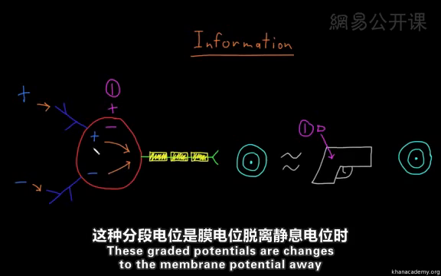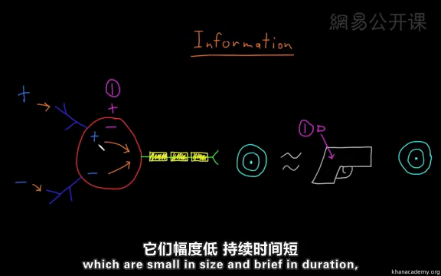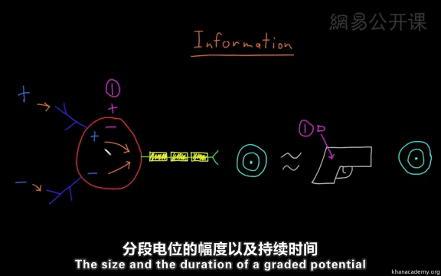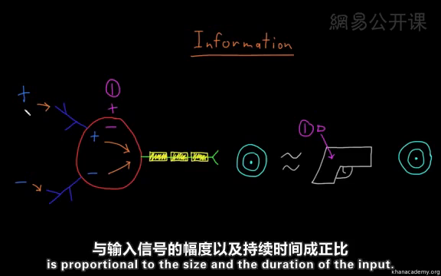These graded potentials are changes to the membrane potential away from the resting potential, which are small in size and brief in duration, and which travel fairly short distances. The size and the duration of a graded potential is proportional to the size and the duration of the input.